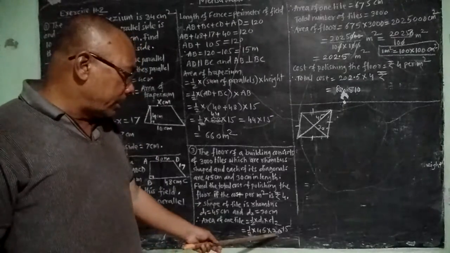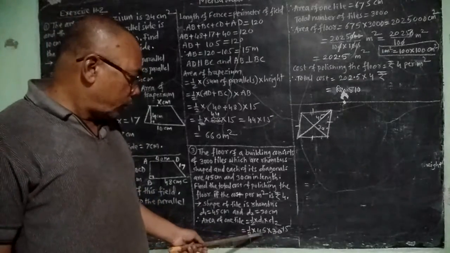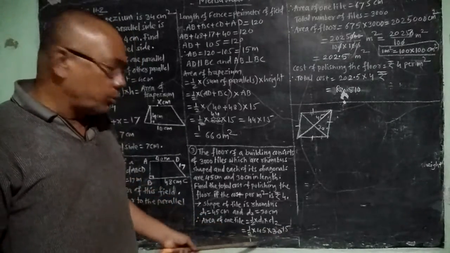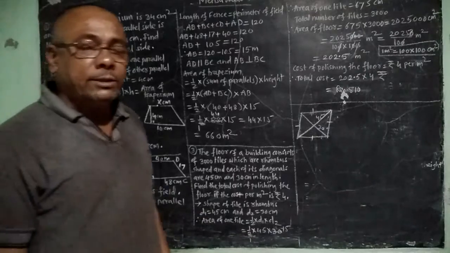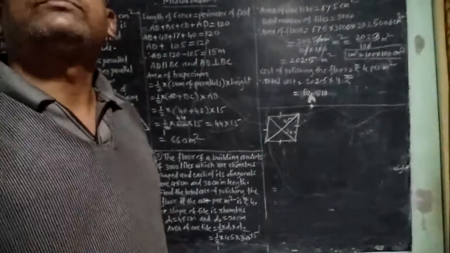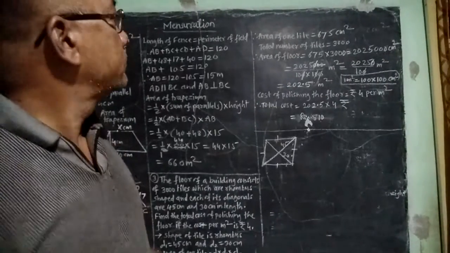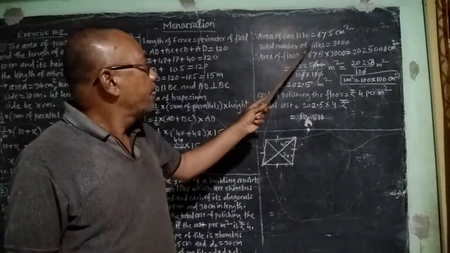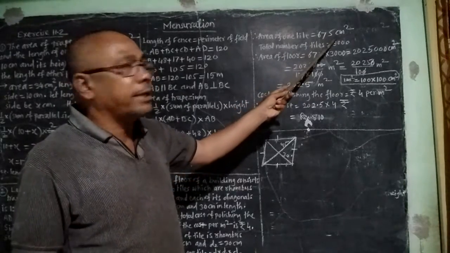Now dividing 30 by 2, we will get 45 into 15, means 30 divided by 2 is equal to 15, and in this way area of one tile is equal to 675 centimeter square.